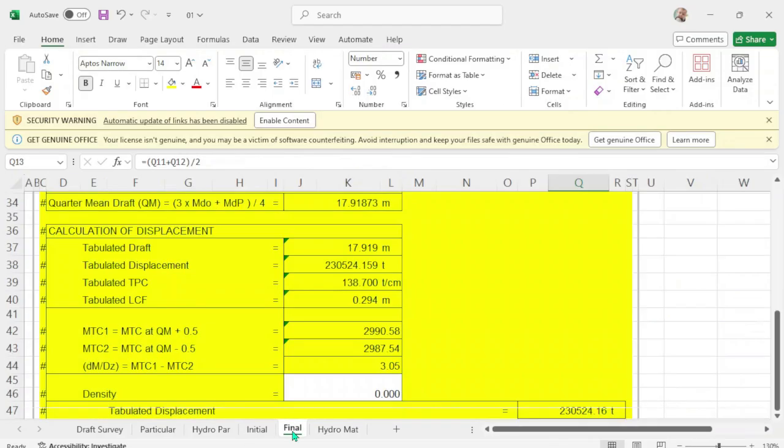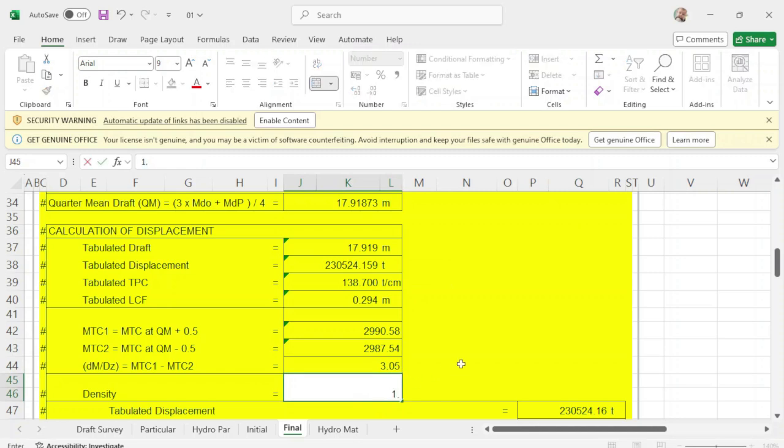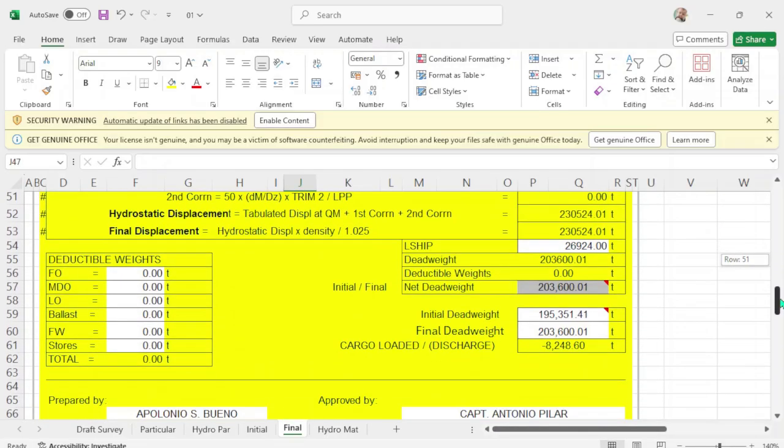So the same. It's final, and this is what your drop density, 1.025. Then you put now your weights, okay? Put your weight for FO is 6315, enter. DO is 46.6.